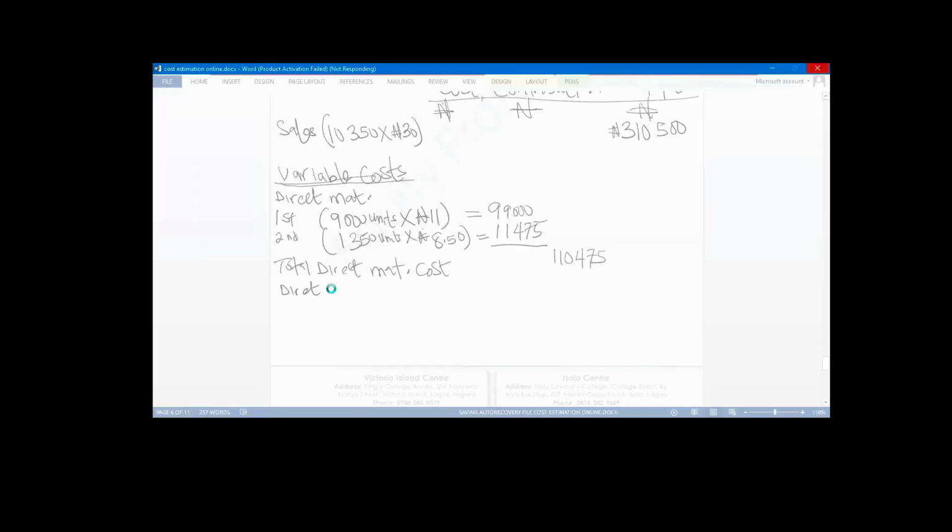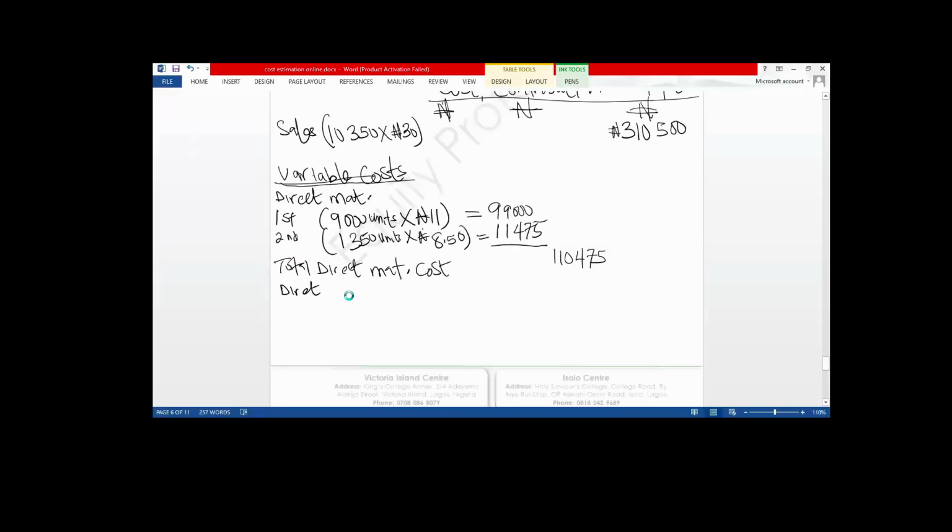Direct labor costs. Also remember, if you look at it, for labor cost, if production is within 100%, labor cost per unit is 8 naira. So you are going to do the batch.